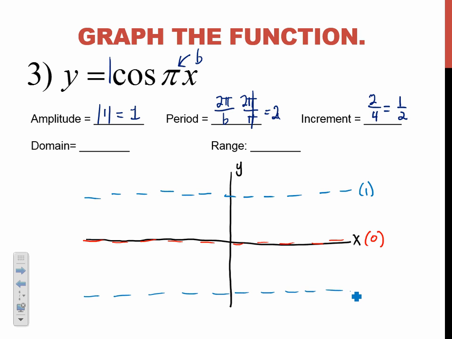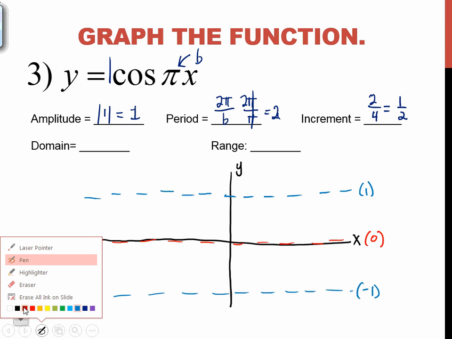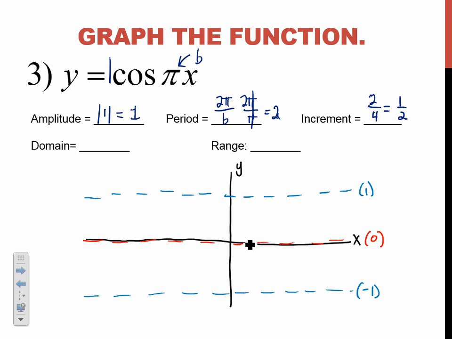And I'm going to go down negative 1. Notice these are about the same distance. Okay, now our increment is what I need to draw now. Label this 1/2, 2 halves, 3 halves, and 4 halves. Then I'm going to go to the left side of the y-axis to do my other cycle. Always labeling my increments.